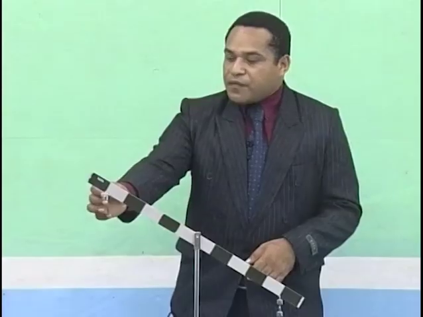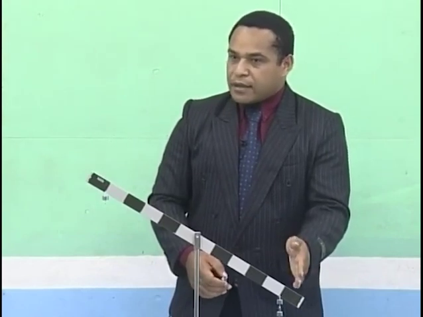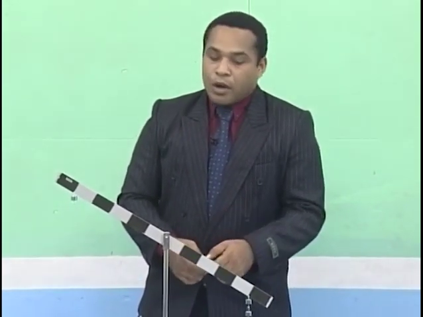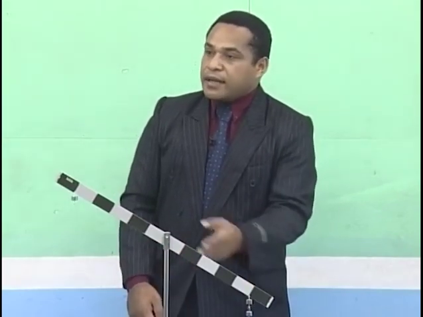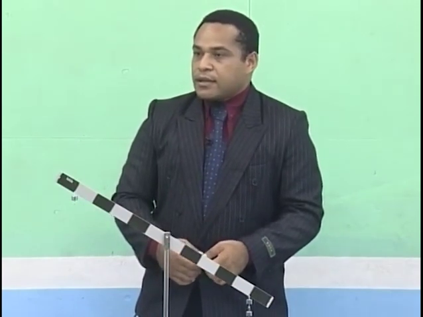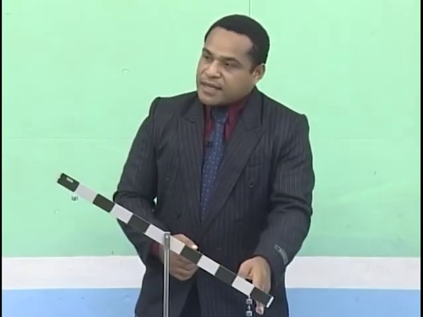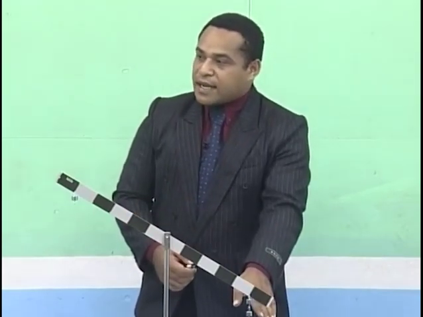Okay, when I remove this weight, it goes one-sided. Why? Because the weight here is heavier than the other side. So force is involved. This side is heavier than the other side, that's why it is going down, or it is one-sided.